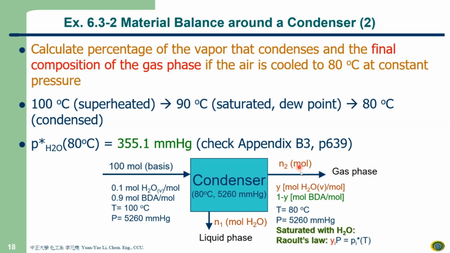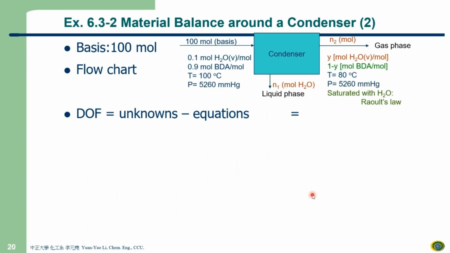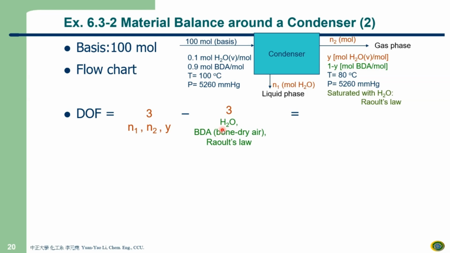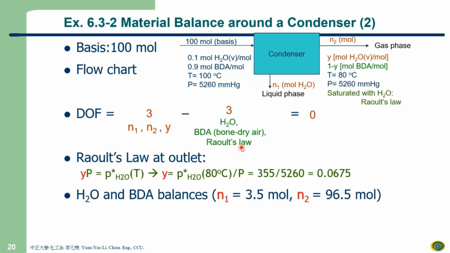I don't want to waste your time, so please check this by yourself. So you have DOF: 3 unknowns, 3 equations. Water input equal to output, bone dry air input equal to output, and Raoult's law. You get the answer. And Raoult's law at the outlet, please write down by yourself. Please practice this.